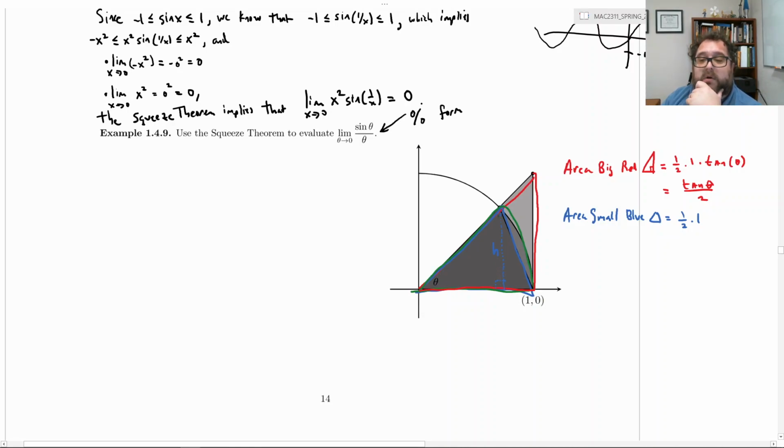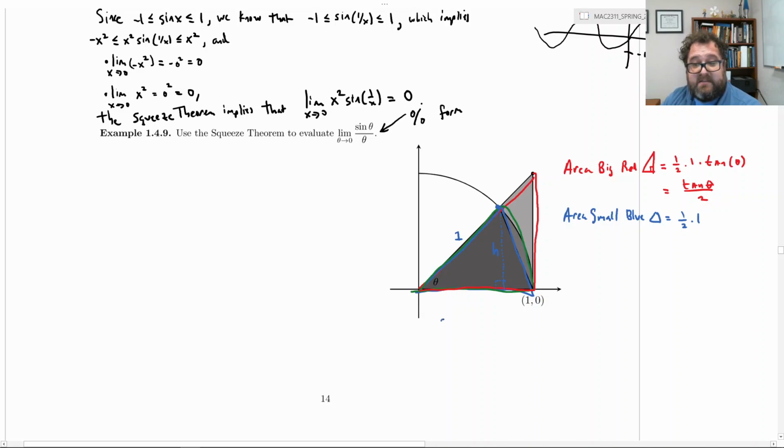But what do we know? This point right here is on the unit circle. So that's a radius. So it has a unit of 1. So I know the hypotenuse of this right triangle, and I want to know the opposite side, and theta. So what trig function relates theta, the opposite side, and the hypotenuse? Sine.